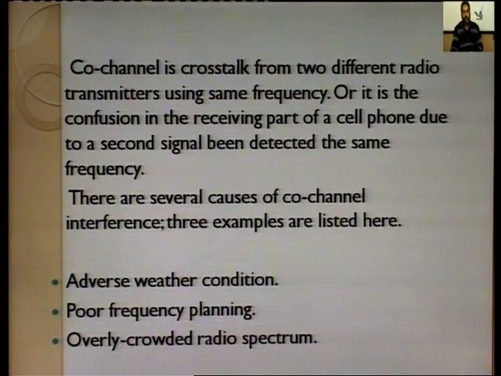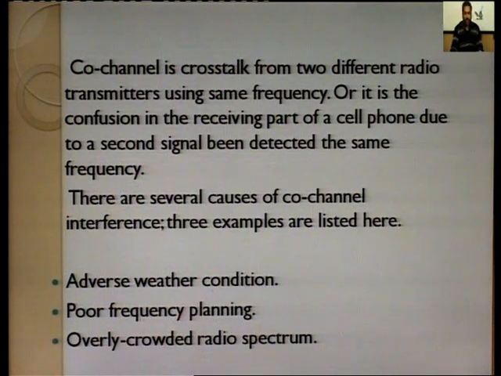We can say it is just a confusion in the receiving part of the cell phone, because at the receiver there are two signals with the same frequency, one from that cell, the other from the co-channel or neighboring channel.